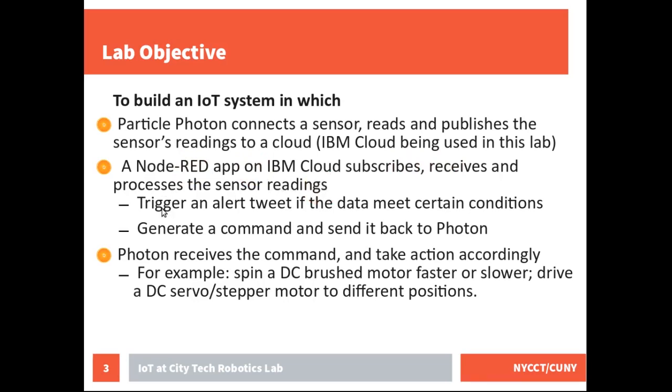It will automatically trigger an alert tweet if the sensor data meet certain conditions. In addition, it will also automatically generate a control command and send it back to Particle Photon. The Particle Photon subscribes, receives the control command, and takes certain actions accordingly. For example, to spin a DC brushed motor faster or slower, drive a DC servo or stepper motor to different positions.